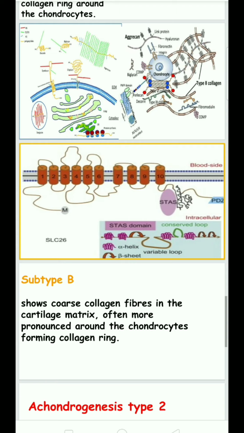This transporter protein is a regulator protein, because the regulator protein determines how much sulfate, that is how much proteoglycan, is present in the extracellular matrix and how much proteoglycan is present inside the cells.